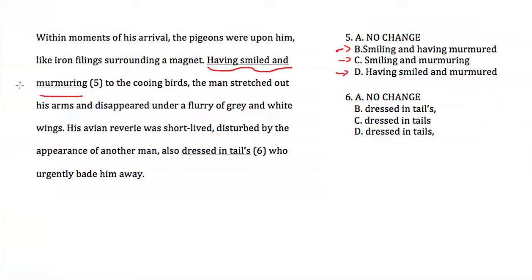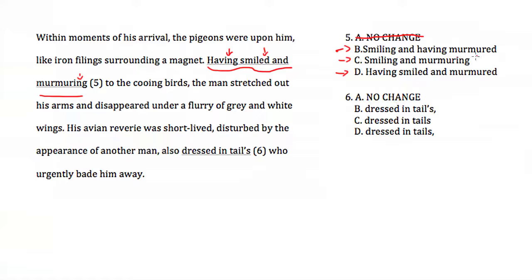The problem with what's already written is that this is present tense, this is past tense, and then this is present tense again. So this sentence doesn't really flow correctly. So let's try replacing this with these 3 other options.